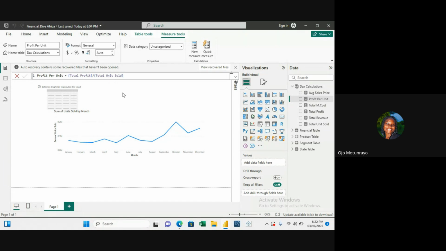Looking at the data, you have average sales price, profit per unit, total manufacturing cost, total profit, total revenue, total units sold. The other time I was checking because we had two total profits, to see if it would give the same answer, and it did. I think one we multiplied, and the other was total profit over total units sold.